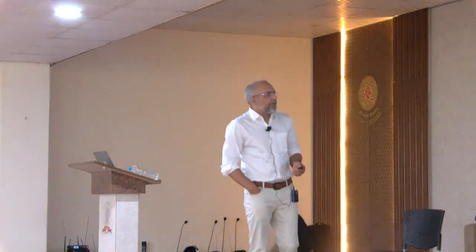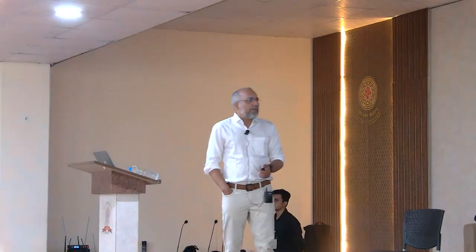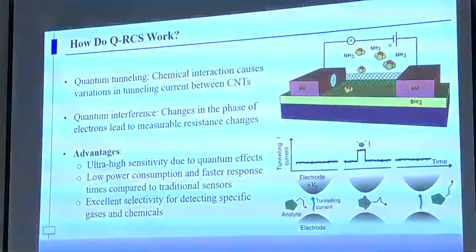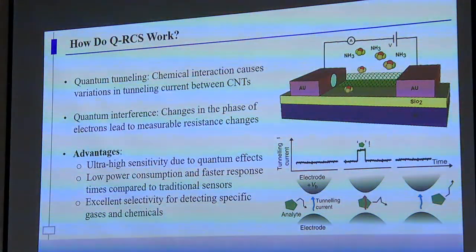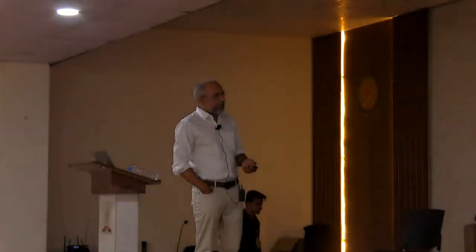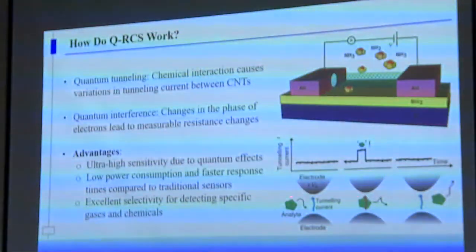So how do these quantum resistive chemical sensors work? When any analyte, in the form of a chemical or molecule, interacts with carbon nanotube, it creates a junction that is called a tunneling junction. When we have a tunneling junction, we see a tunneling current. If we don't have that, then there is no electron transport.